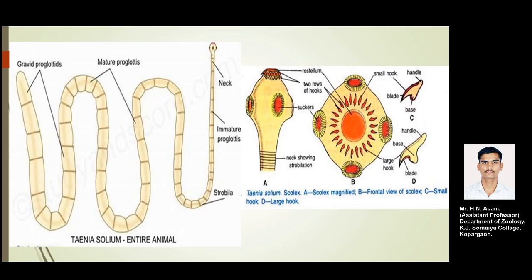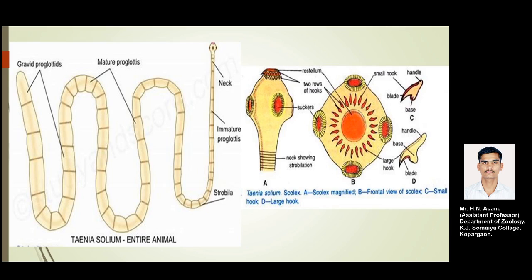The second one is the mature proglottids. As you can see, in the middle of this animal they attain sexual maturity and produce eggs. These are formed in the middle region of the body, and male and female reproductive organs are well developed.